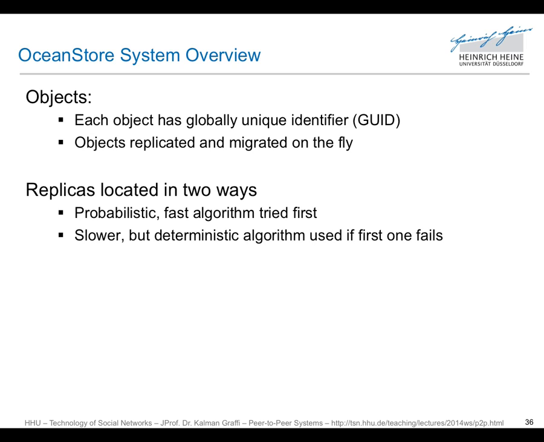There's a fast algorithm, which is really probabilistic, which tries to distribute the data quite quickly, but not for full availability and reliability. And there's a slow and deterministic algorithm if the first one fails. So first the probabilistic quick one, which will work out 90% of the times, and a slower one, which works if the first one is not successful.